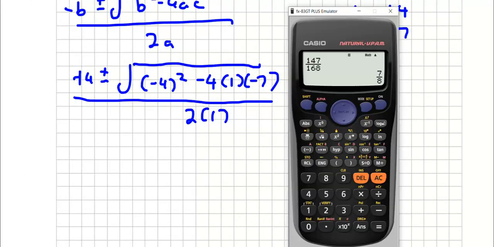So we're going to throw this into the calculator. Press the fraction button early on, guys: 4 plus square root of minus 4 squared minus 4 times 1 times minus 7, all over 2 times 1. And we get 2 plus root 11, which is 5.32.